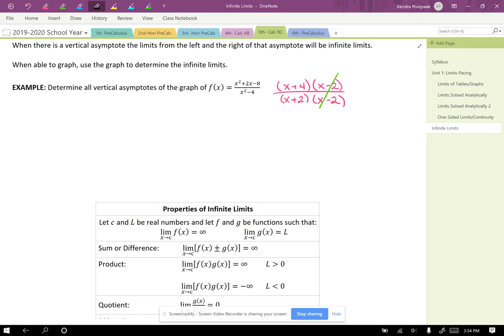If we were to graph this, it would look something along the lines of this. So we've got our axes. And we know that at negative 2, we've got a vertical asymptote.